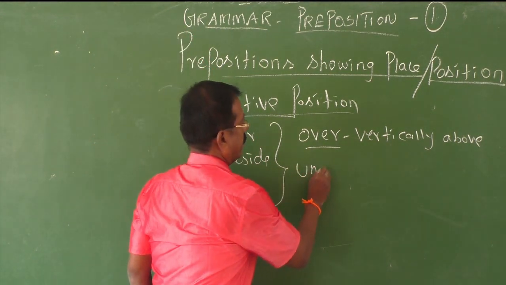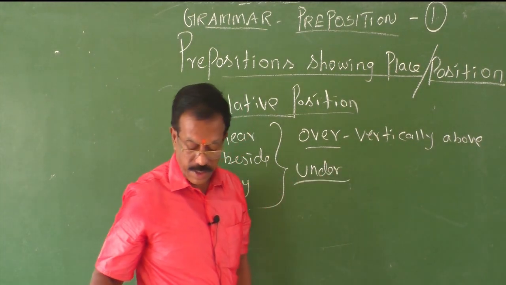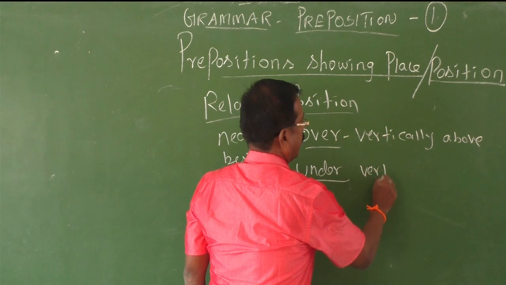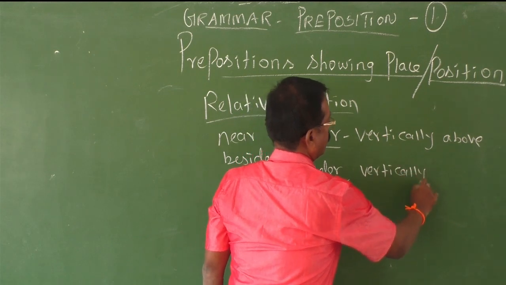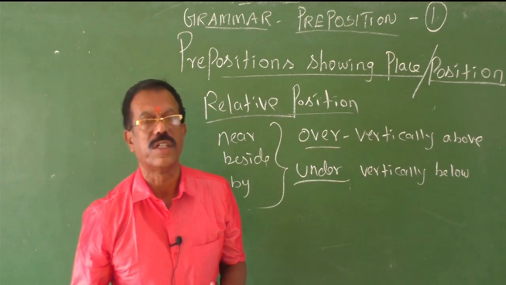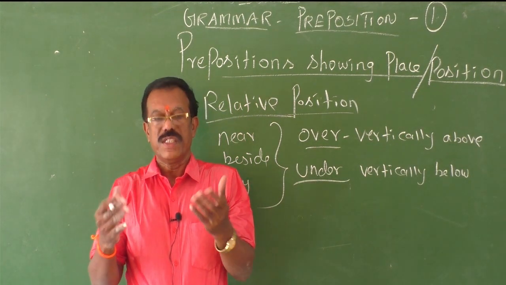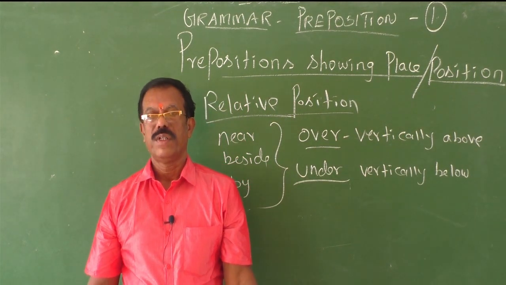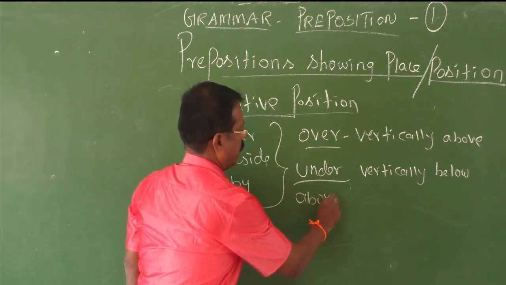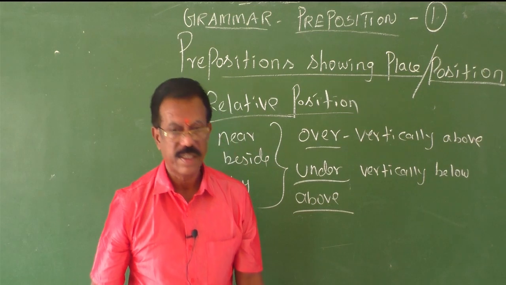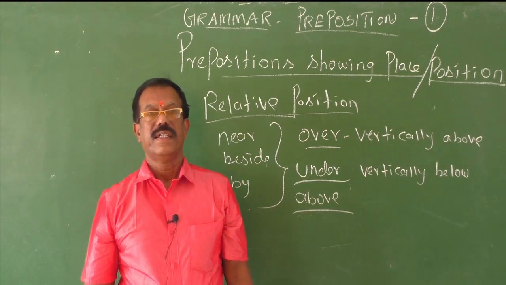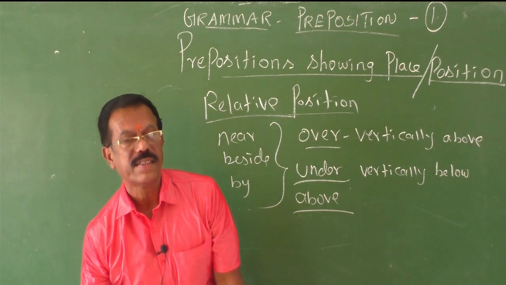Under means vertically below. This preposition under is used to refer to the position which is vertically below. Under your feet, under the ground, underground water. You can find water under ground.